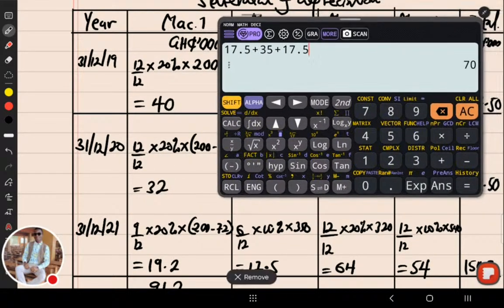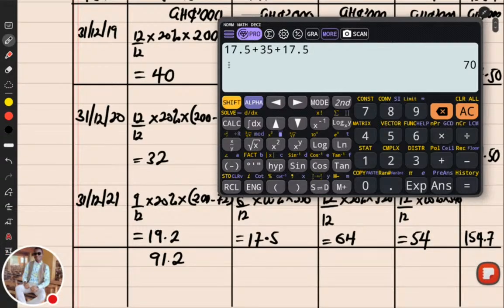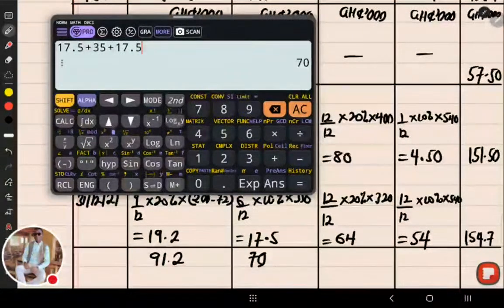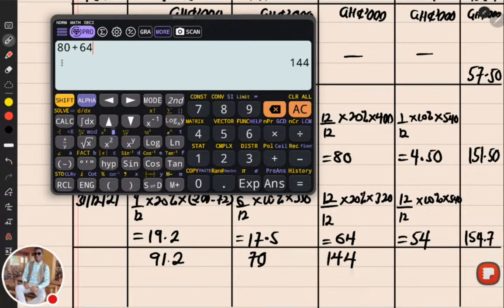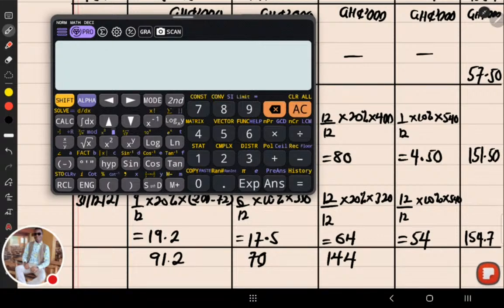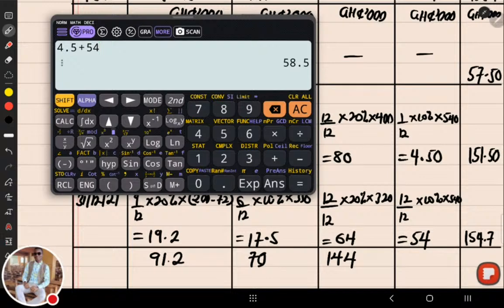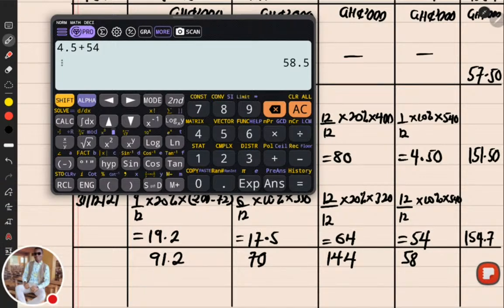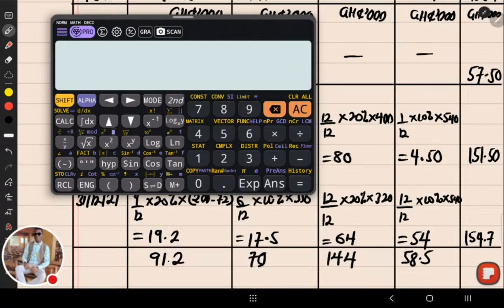So we'll get in summary 70. Then the next set, we have 80 plus 64. We get 144. The next set, 4.5 plus 54. You get 58.5, right?